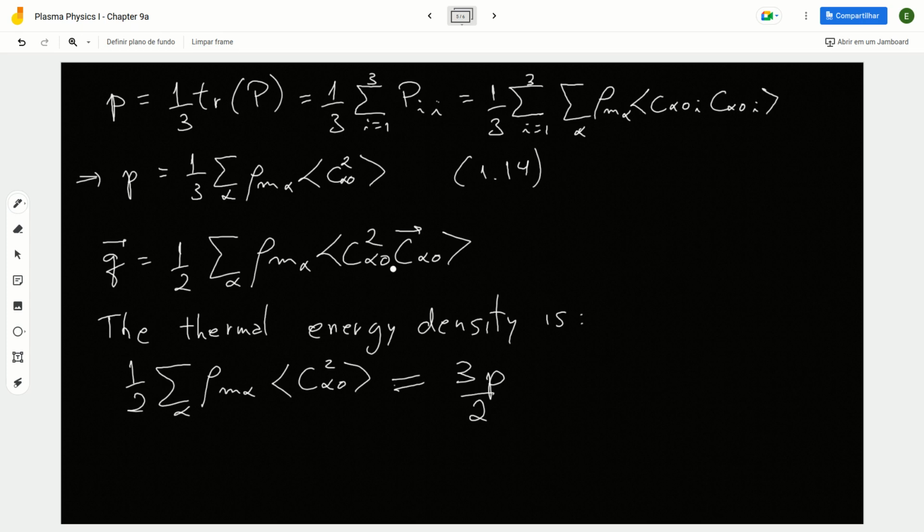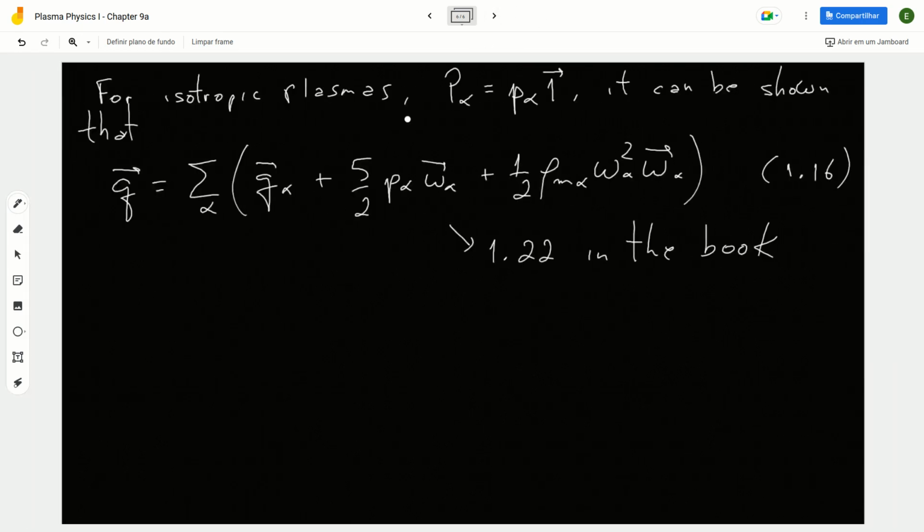It's actually more complex, so why bother? But it's another way of writing it, may be useful when you have information about omega alpha.